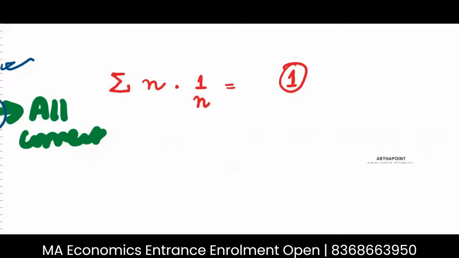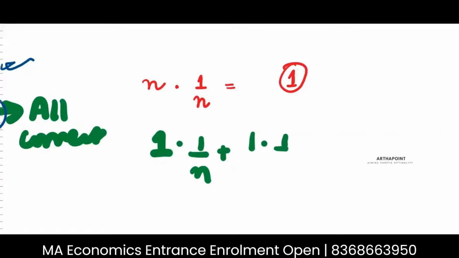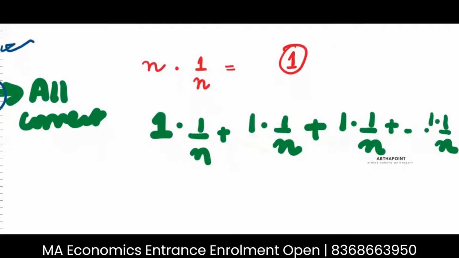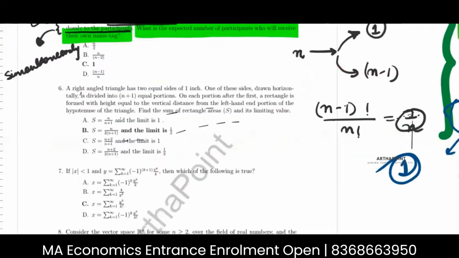The first person gets the correct name tag with the probability of 1 by n. Then the second person also gets the correct name tag with the probability of 1 by n. The third person also, and the last person also, with the probability of 1 by n. So this is nothing but n into 1 by n when I sum this over, which is 1. So basically the expected value is only 1. So this is the solution.